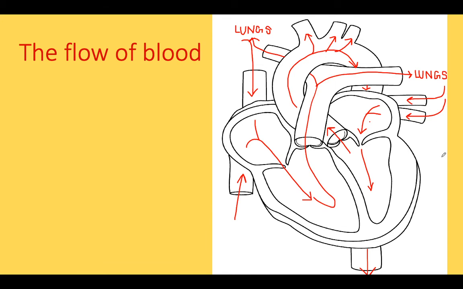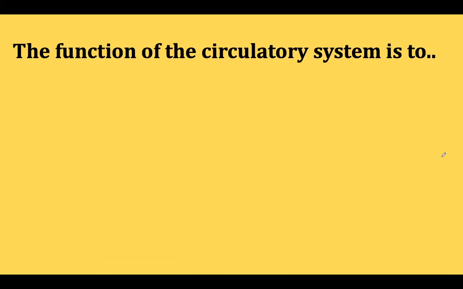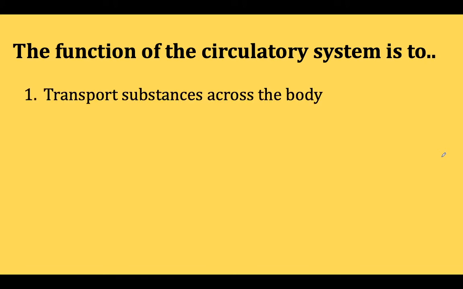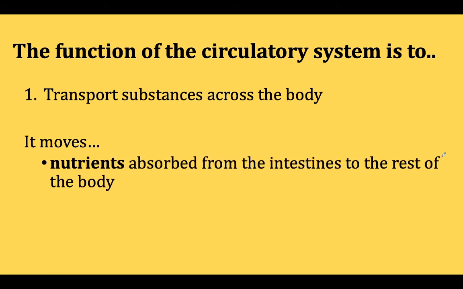So that is that cycle that happens with our blood all throughout the heart and then all throughout the body as well. So the main function of the circulatory system is to, one, transport substances across the body. So it moves several different things, mainly nutrients absorbed from the intestines to the rest of the body. We talked about in the digestive system how our small intestines with our villi are able to absorb nutrients and then transfer it over to the bloodstream.